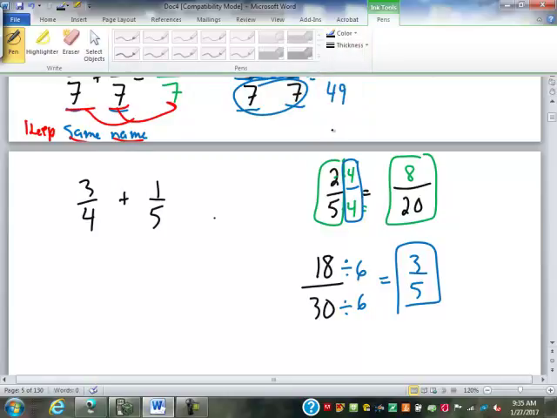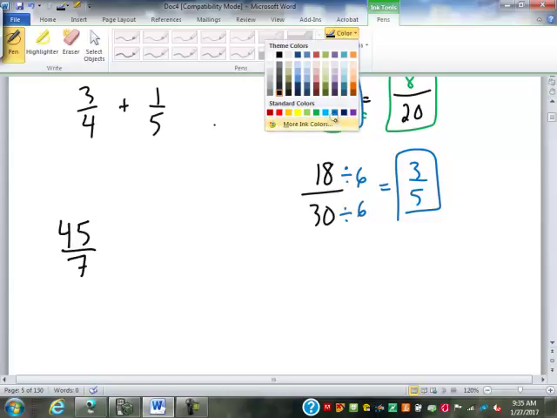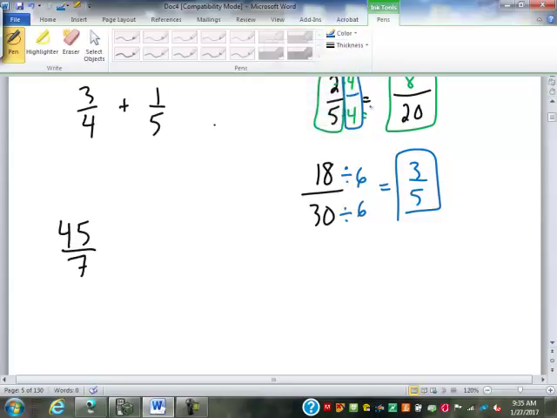Another way of renaming our fractions that we may run into might look like this. 45/7. The 7 is telling us it takes 7 pieces to make a whole object. We have 45 of them, which means we have more than enough pieces to make a whole object. In fact, we can make several of them.